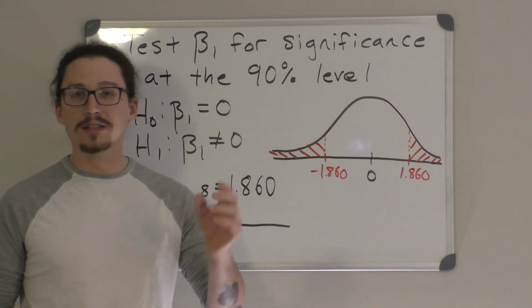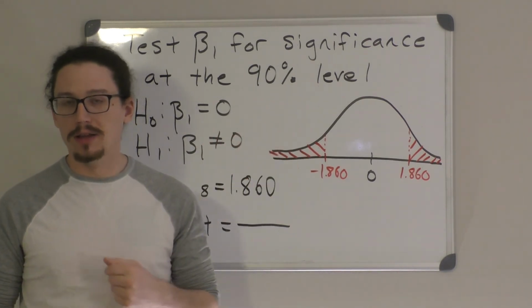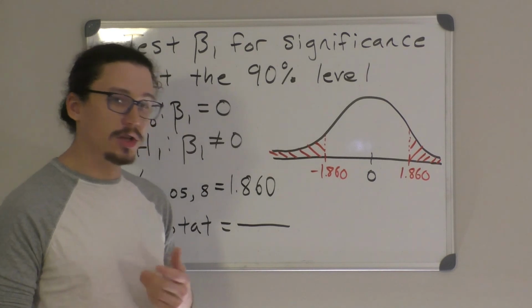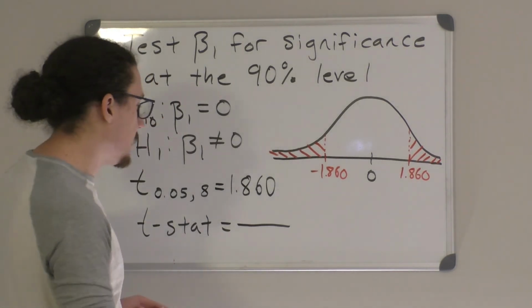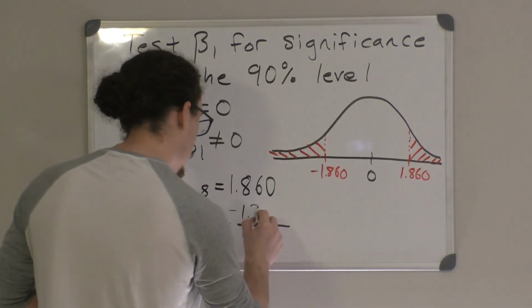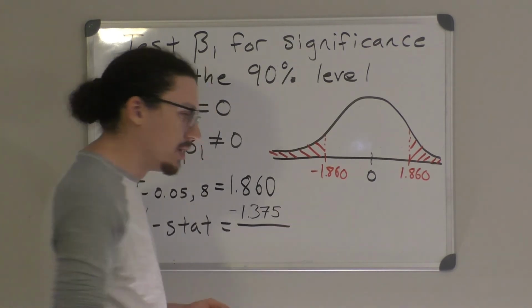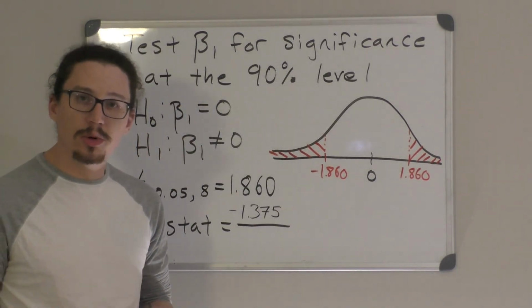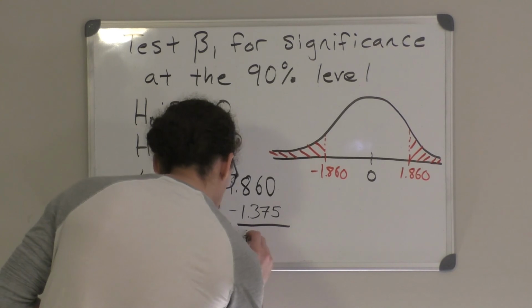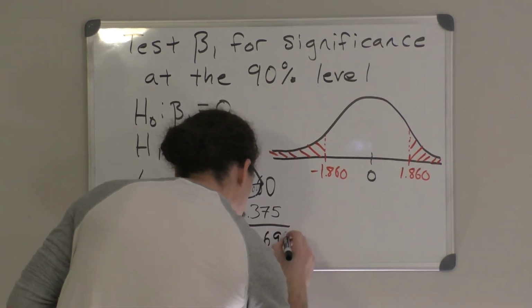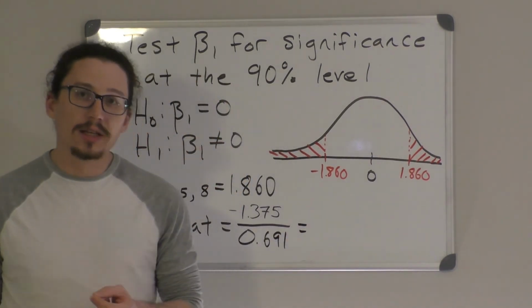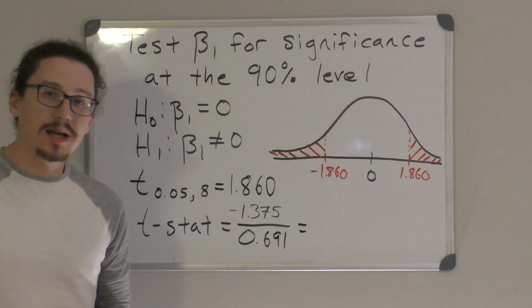All it is is B1 divided by the standard error of B1. So negative 1.375 divided by our standard error of 0.691. And that is going to give us negative 1.990.